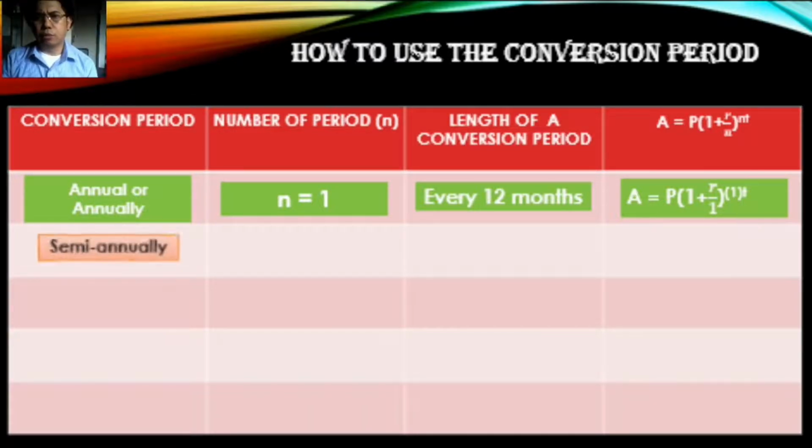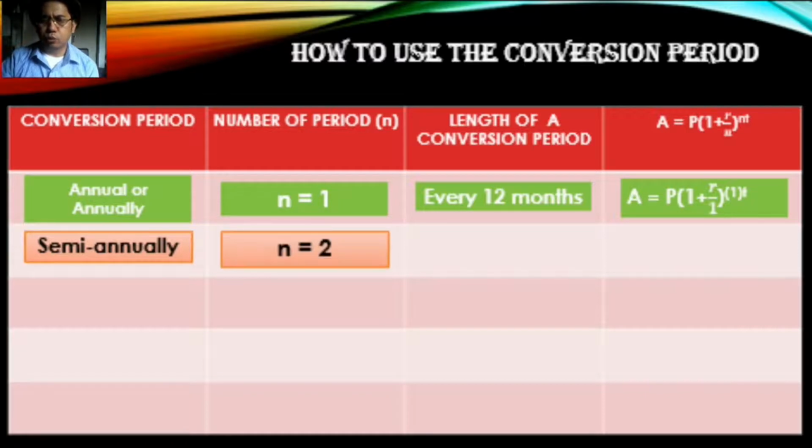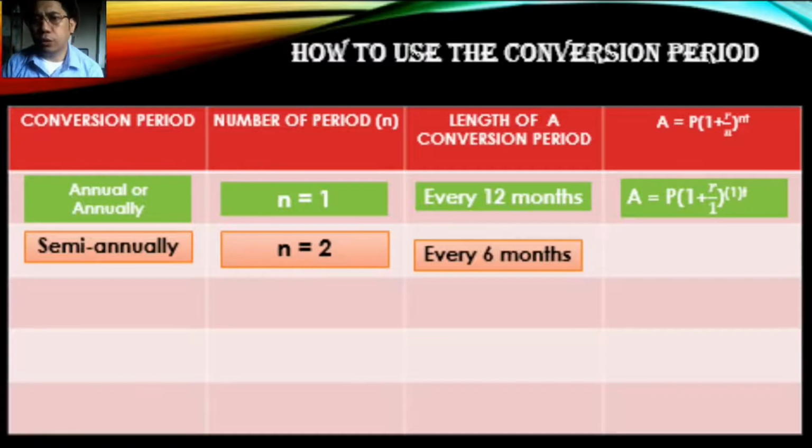The next one would be semi-annually. Now, what is the value for semi-annually? Again, I have said that the value of that one is 2, meaning the length of one conversion period is every 6 months. How do we use that n, your conversion period, in your working equation? You just plug it into your working equation.